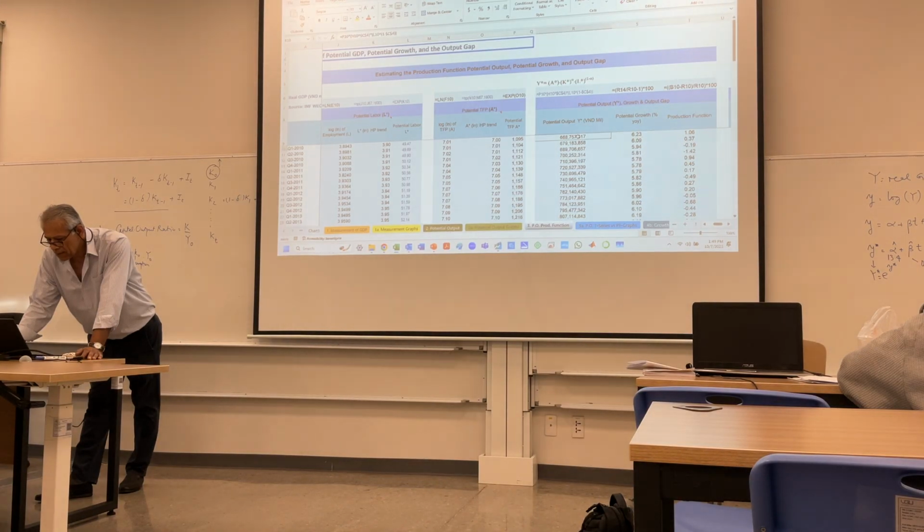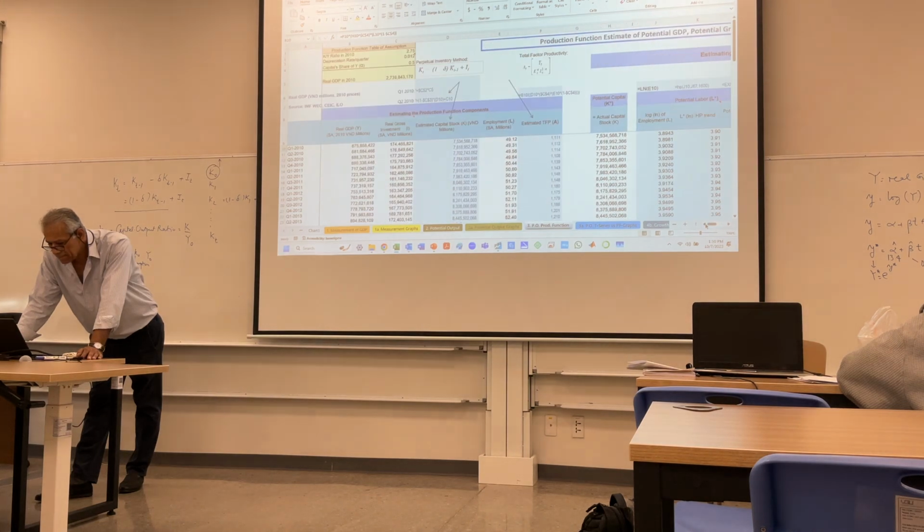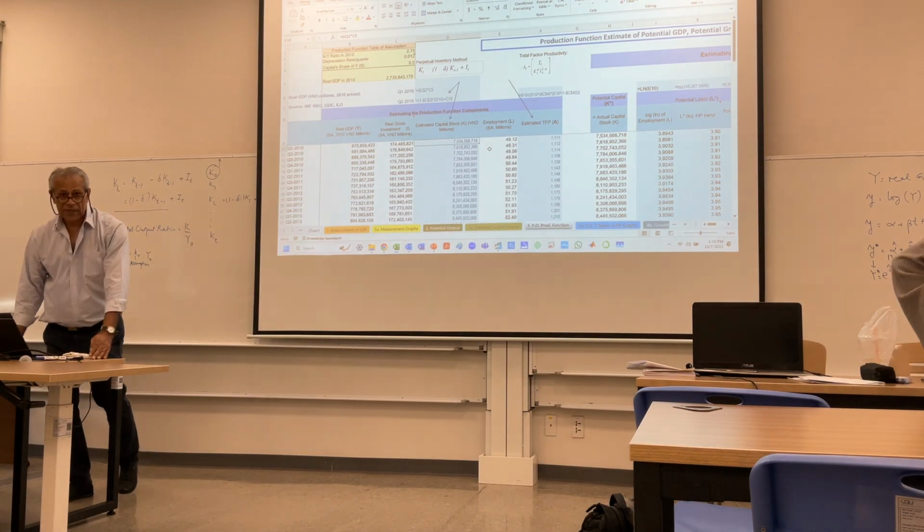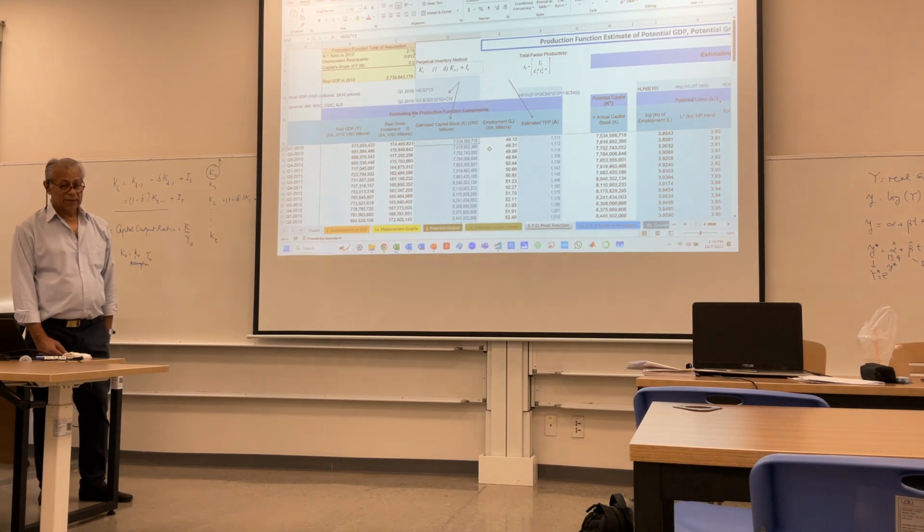Potential capital. Can you move to the first one? Can we see the potential capital? Column H. Is your capital stock the same as mine?